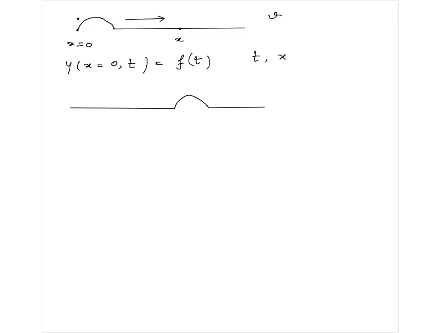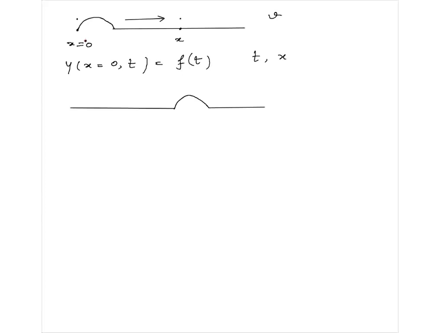This doesn't have to be 0 by the way, f of t can be anything, it can be this height or this height, whatever it is. So after how much time will this disturbance reach here? If it was this much, exactly this much will be here.